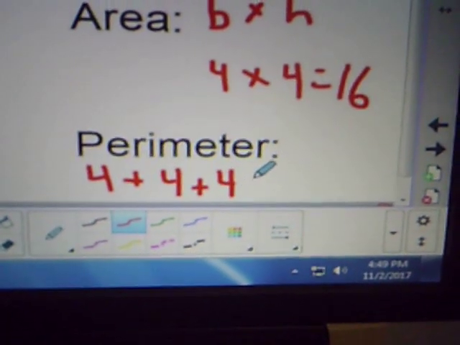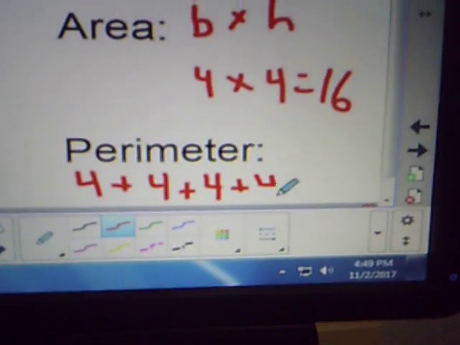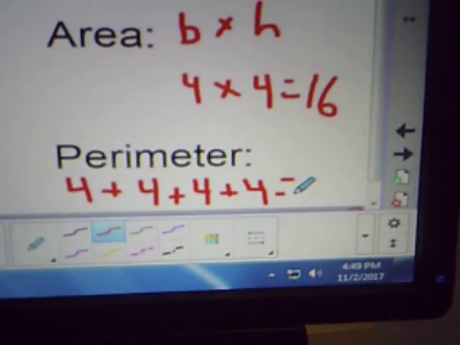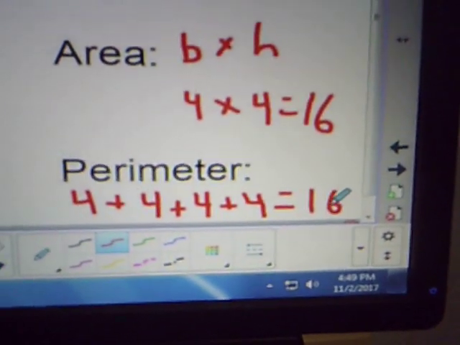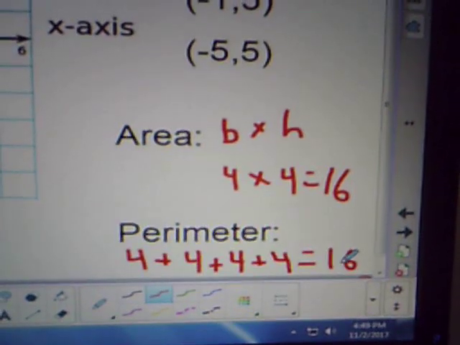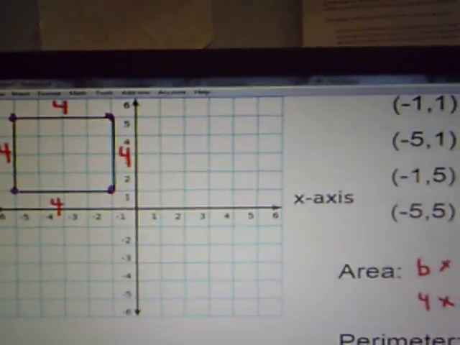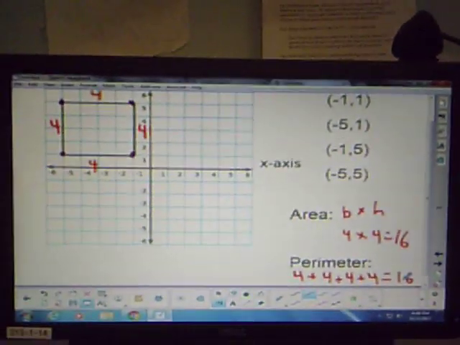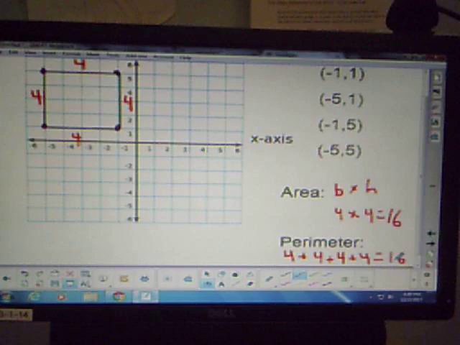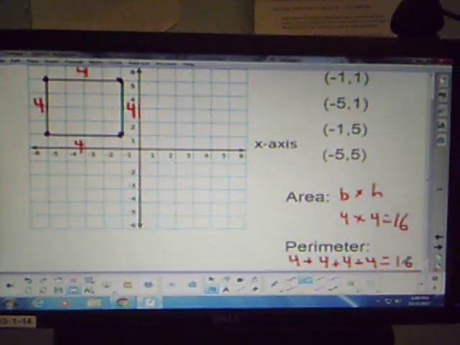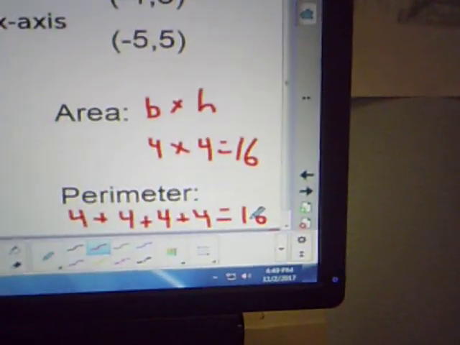So we add 4 plus 4 plus 4 plus 4, and we get our perimeter of 16 units. In this example, the area and the perimeter matched because the side lengths were all the same. However, not every example will have a matching area and perimeter.